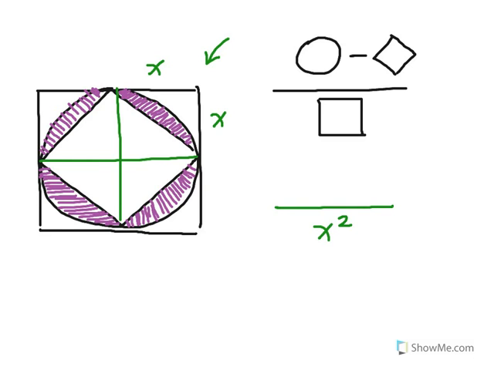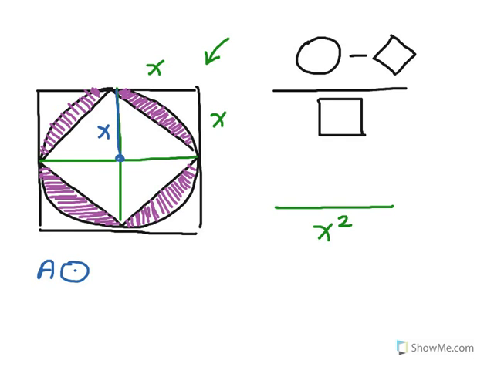And next I want to figure out the area of the circle. In this case it's a fourth of a circle, isn't it? The radius of the circle is x. See, if we look at the length of the radius from here out to the side, it's x.